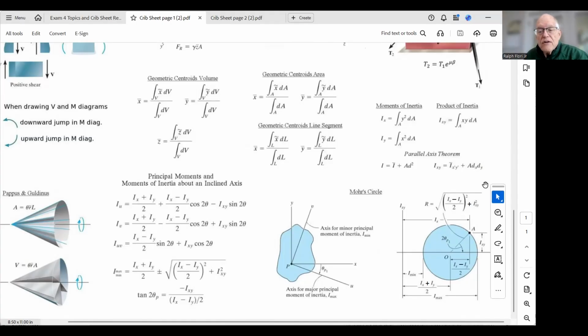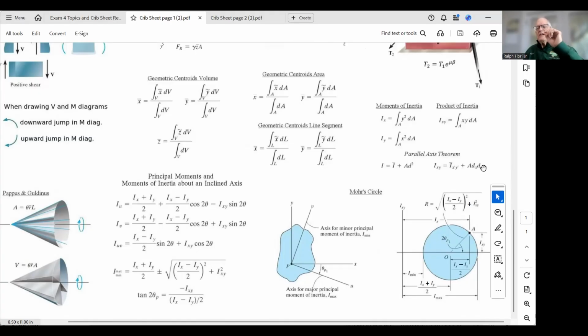The parallel axis theorem for the product of inertia is Ixy. So the product of inertia of this area about the xy coordinate system is equal to I bar x prime y prime, which is the product of inertia of an area about its centroidal axes x prime and y prime, plus its area times dx times dy.